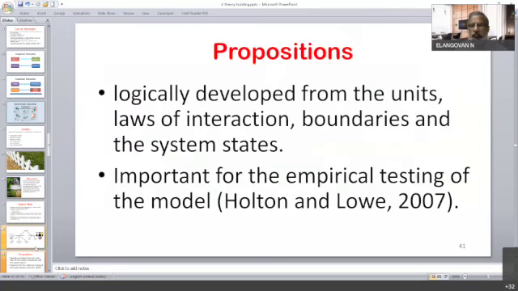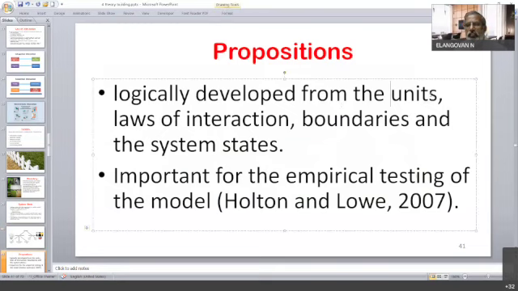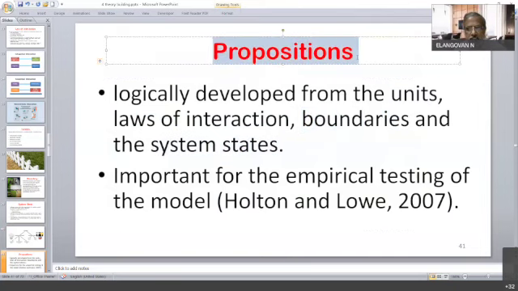Finally, coming to propositions: putting together everything that is logically developed from the units, the law of interaction, the boundaries, and the system state, we call it propositions. A proposition is a kind of statement. Sometimes we call it a hypothesis also.